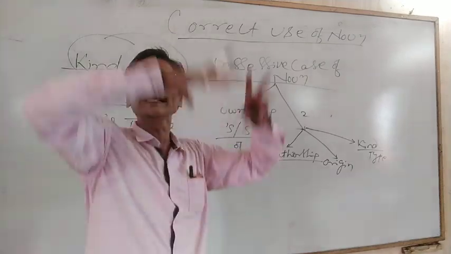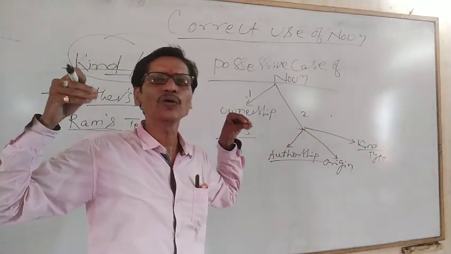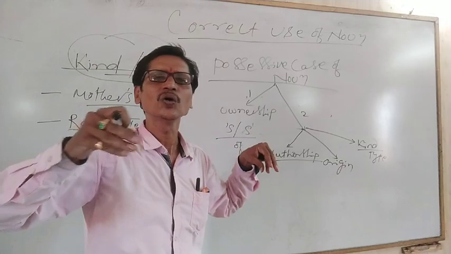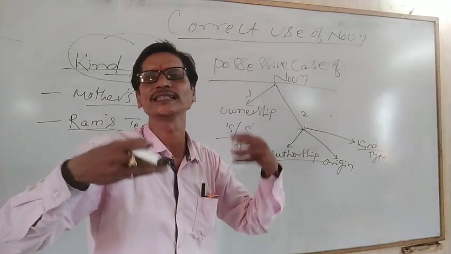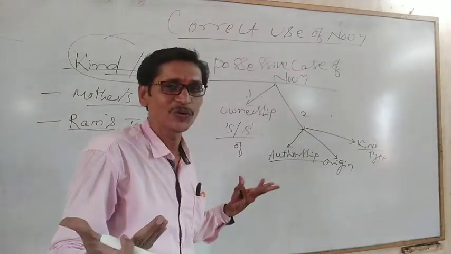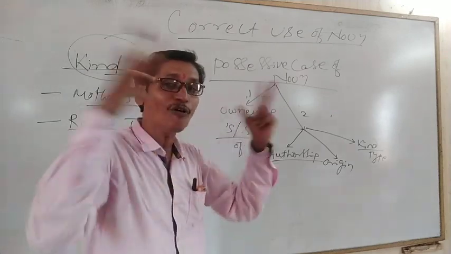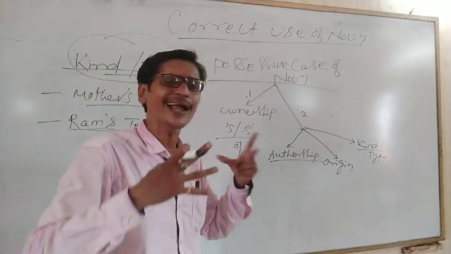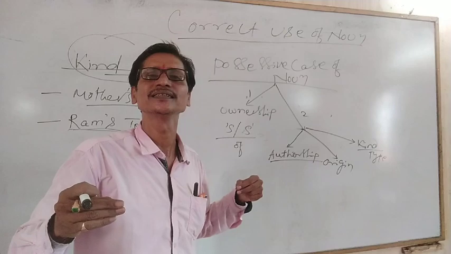Noun is a big chapter. If we go deep inside, we will gain more and more knowledge about them. Because as we know, every knowledge unfolds an ignorance, so it is endless.